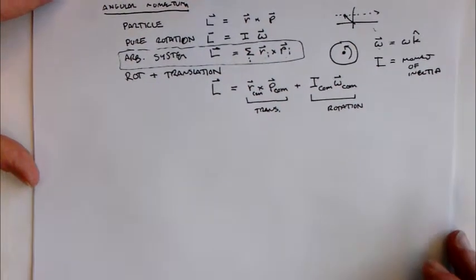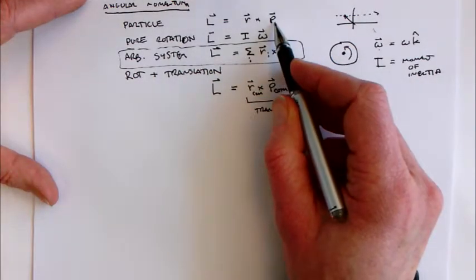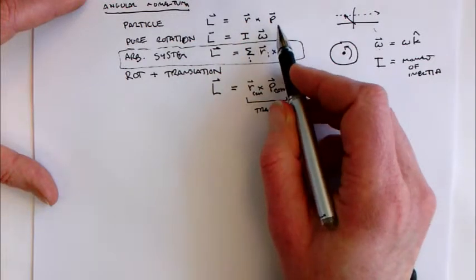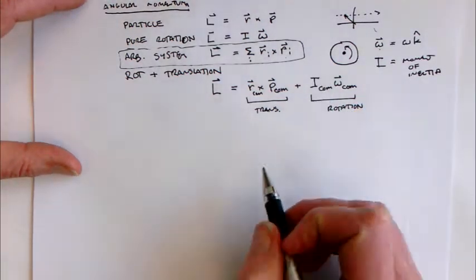Note from a units perspective, momentum has units of kilogram meters per second. Position has units of meters, so the units of angular momentum had better be kilogram meters squared per second.